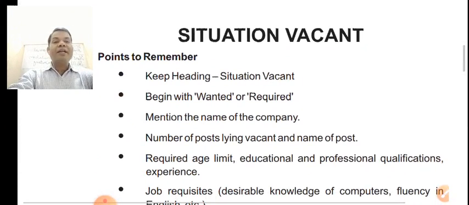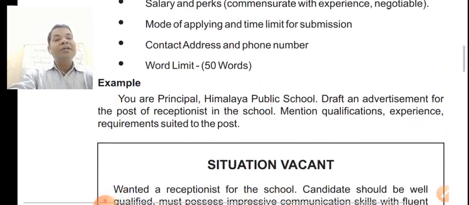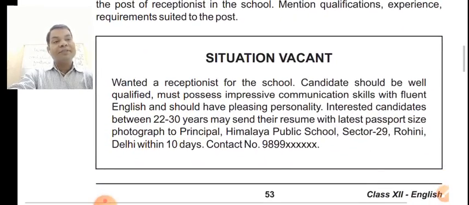Advertisements which are written under the heading situation vacant. We discussed it with a solved example.